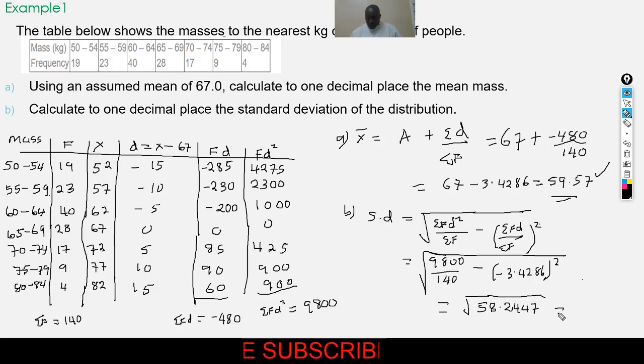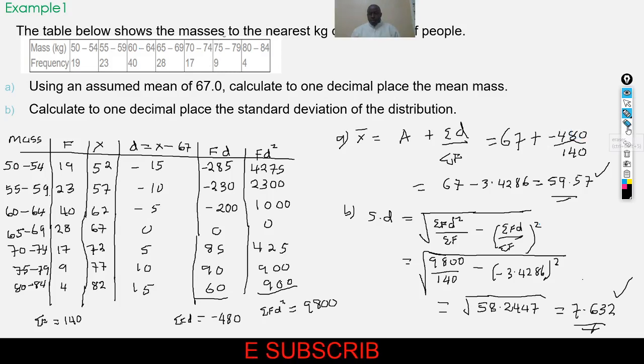So our standard deviation becomes 7.6318, or 7.632 to four significant figures, because there is an 18, so you can write 7.632. So that is how we find the standard deviation when you are given assumed mean.